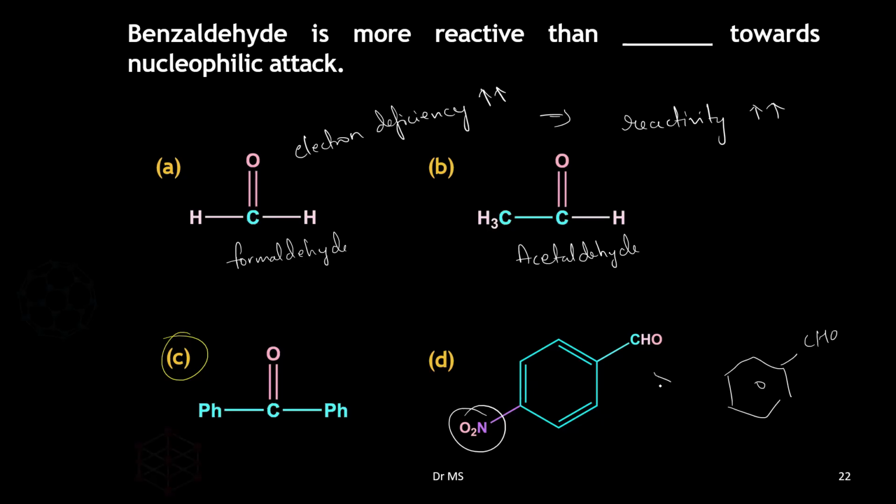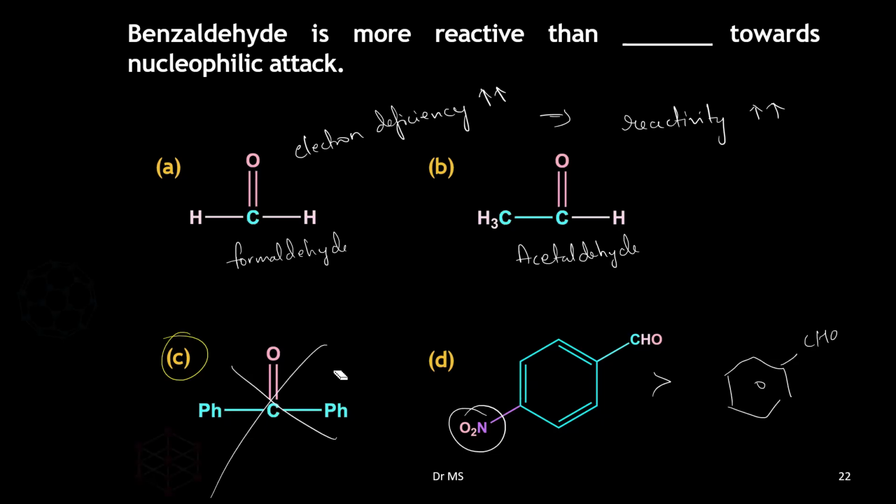If it is more, what could be the reason? Why didn't you choose option D? Because this is also somewhat near to benzaldehyde. If I don't give option C, here both benzene groups are there and it's a ketone, so we know this will be the answer.